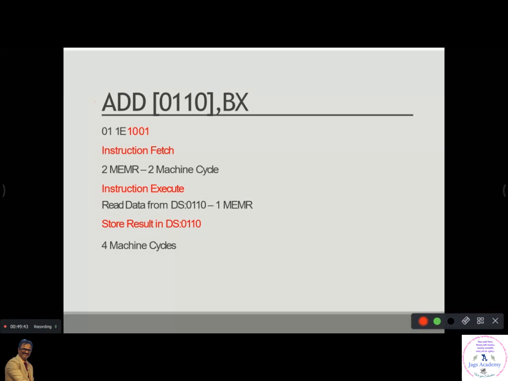You require 2 machine cycles here. And there is 1 machine cycle to get one of the data from the memory itself. And after adding, it is putting data back to the memory, 1 more machine cycle. So totally you require how many machine cycles? Come on, 4 machine cycles.